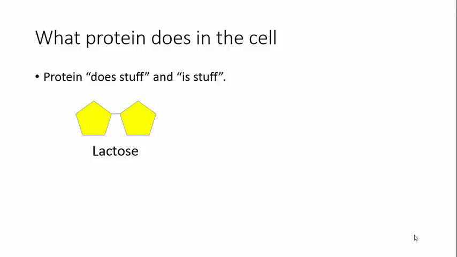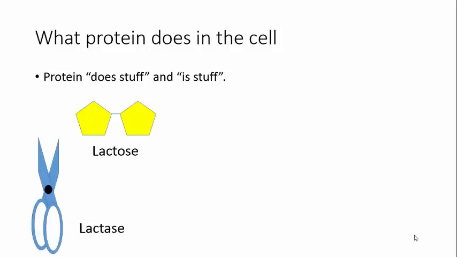But first, let's talk about a simple carbohydrate, lactose. Now, lactose is milk sugar. Those of you who are lactose intolerant know very well what I'm talking about. There is an enzyme called lactase that acts like a pair of scissors. They're really not shaped like scissors, but they do the same job.